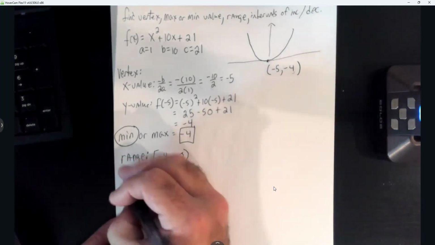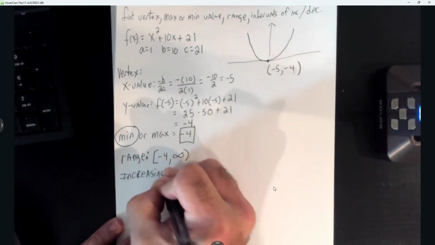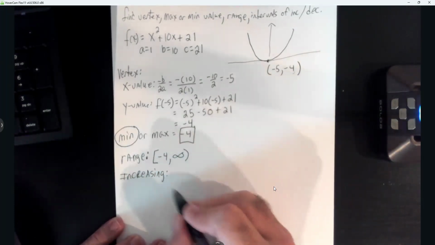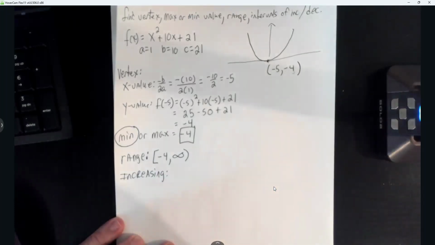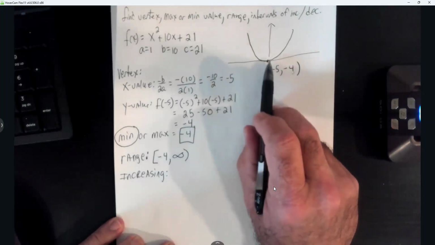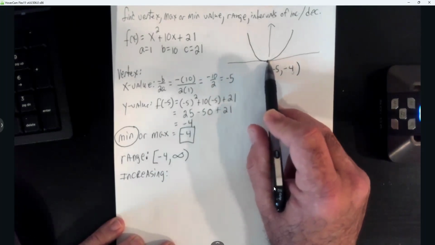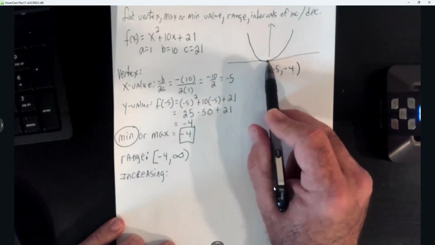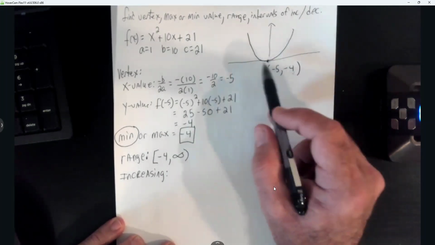All right, y'all. So then they want increasing. Now remember, increasing always uses parentheses and x values. Well, this point right here, negative 5, is the x value at that vertex. So this is increasing on the right side.